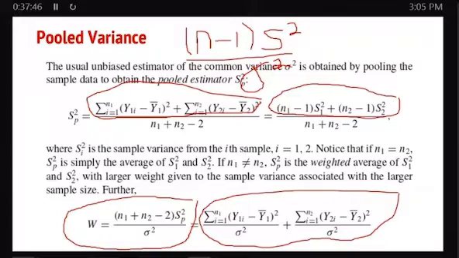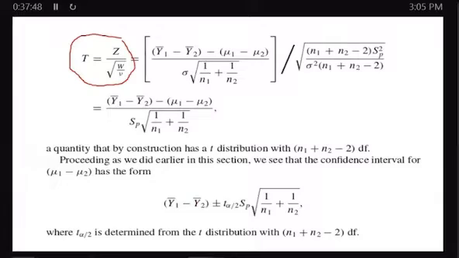So we're trying to remind you of the origin of the t-test statistic for T. It is the ratio of Z, a standard normal random variable, divided by the square root of W, where W follows a chi-square distribution with V degrees of freedom.